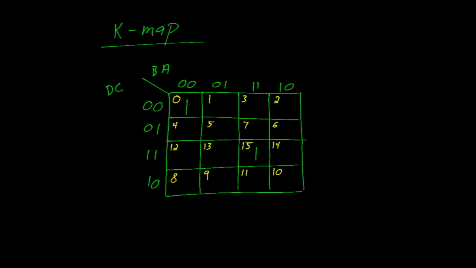So now if you look at your notes, you recall we had function H having minterms 0, 1, 2, and 3. So all those minterms were true. Then we had minterms 5, 7, 13, and 15.